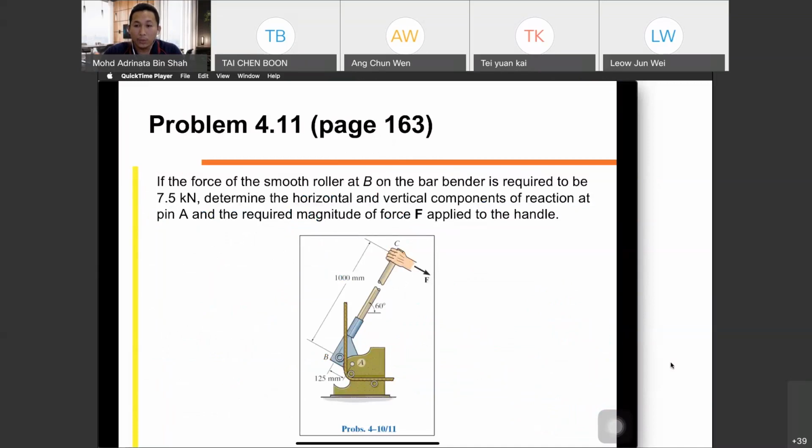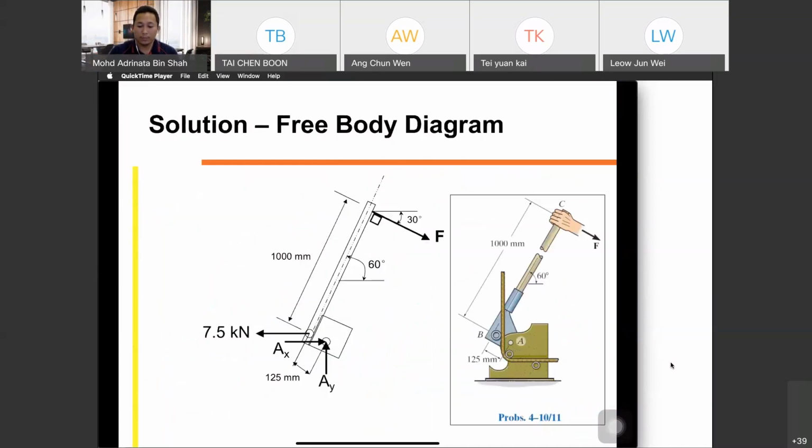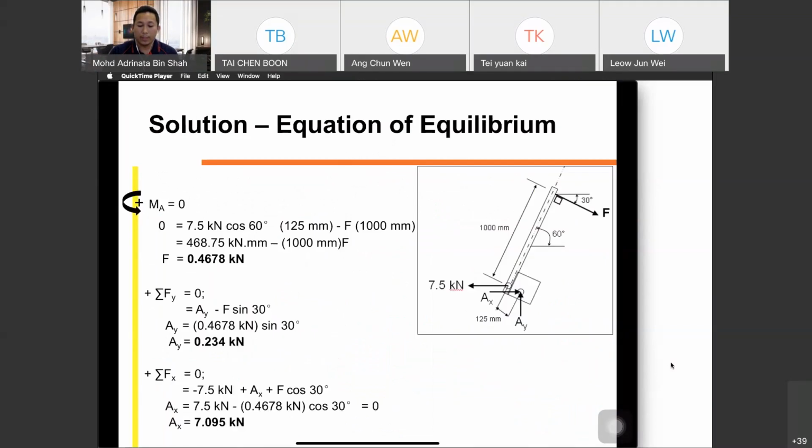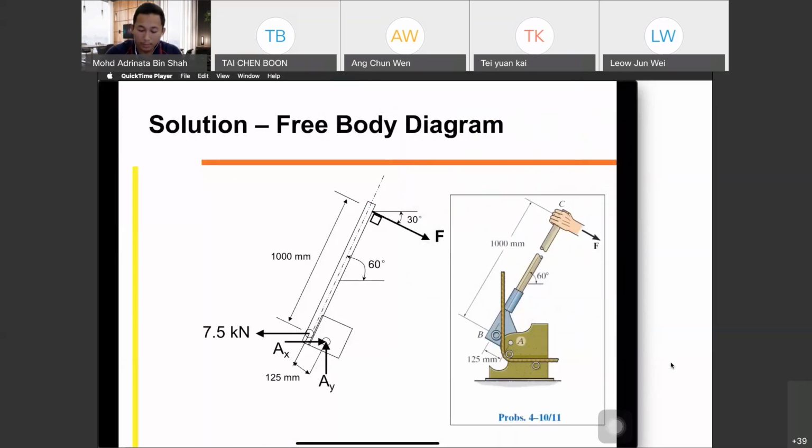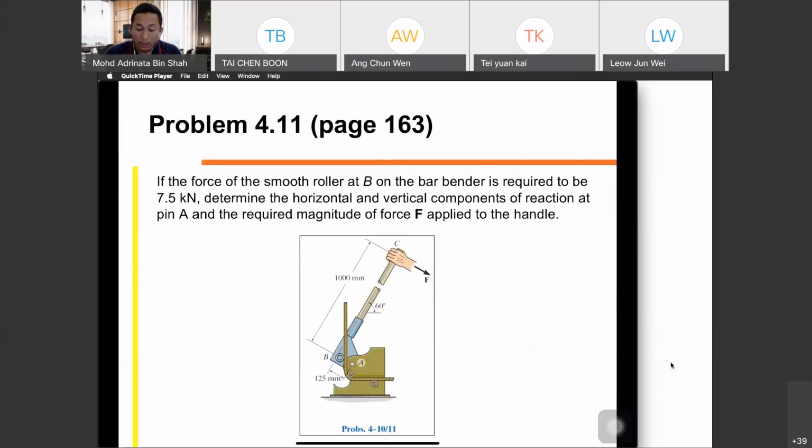Okay. So problem example lain you boleh tengok satu dah diberikan. Okay. So yang ini dia punya roller at B, so dia punya free body diagram yang ni.